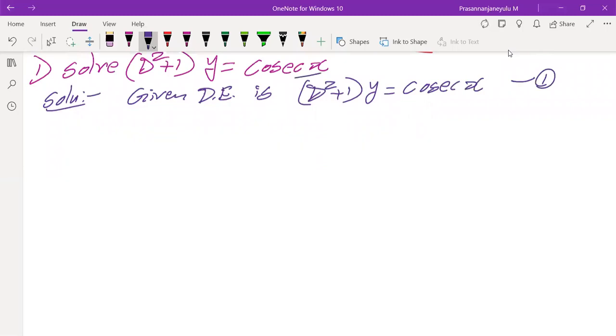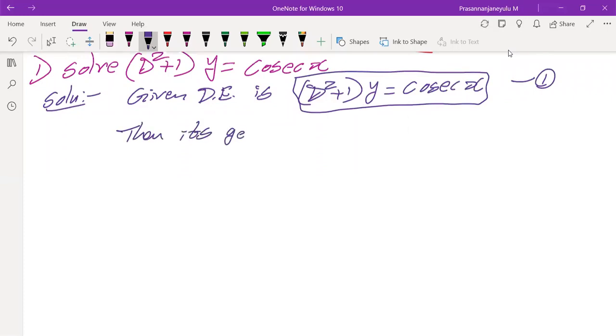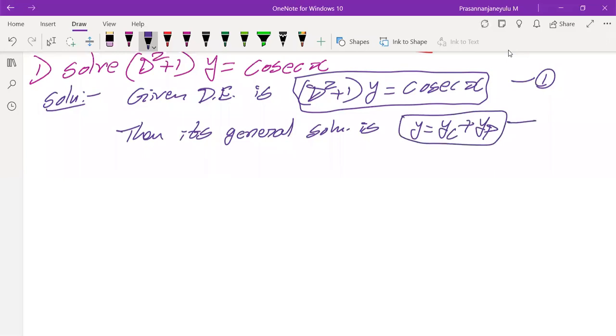What is its general solution? As usual, our process is the same. The general solution is y equals yc plus yp. It is a second order linear equation with constant coefficients only. So can we apply the method of variation of parameters or not?